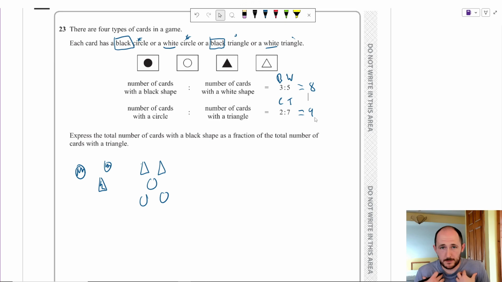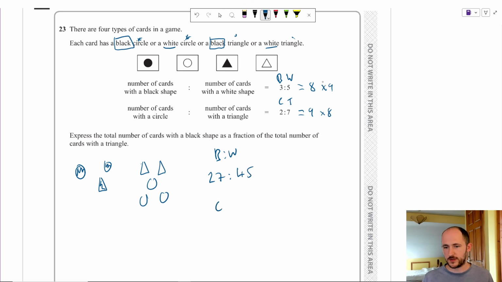So, in my opinion, the best thing to do is to make the totals the same. We're going to look for the lowest common multiple between 8 and 9, which is 72. So times by 9, times by 8. For the black to white, we've timesed the ratio by 9. So instead of 3, it's going to be 3 times 9, which is 27. And instead of 5, it's going to be 5 times 9, which is 45.